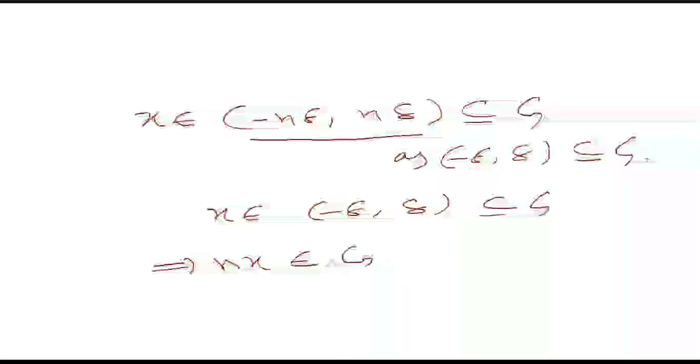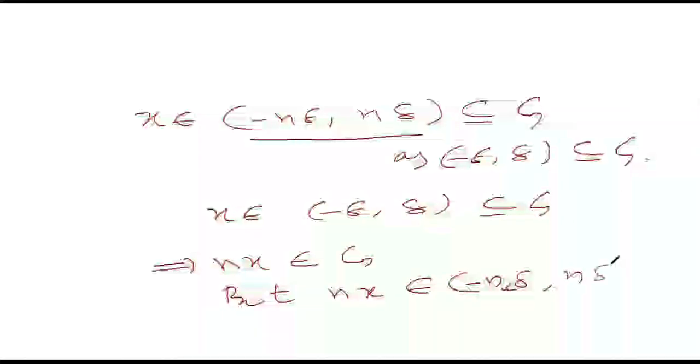This nx is always in G because nx is equal to x plus x and so on. If x belongs to (minus delta, plus delta), then nx belongs to (minus n delta, plus n delta), and it also belongs to G.